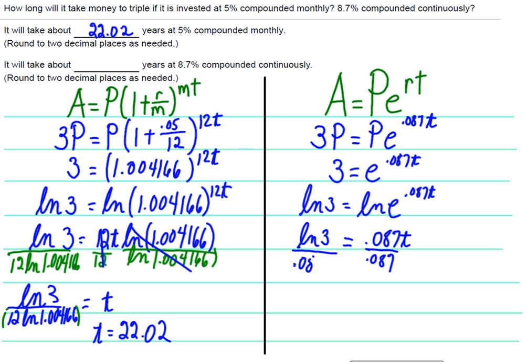So t is equal to 12.63 years. And I'm going to put the little wiggly sign instead of equal because that's an approximation. So it's going to take about 12.63 years at 8.7% compounded continuously for us to triple our money.